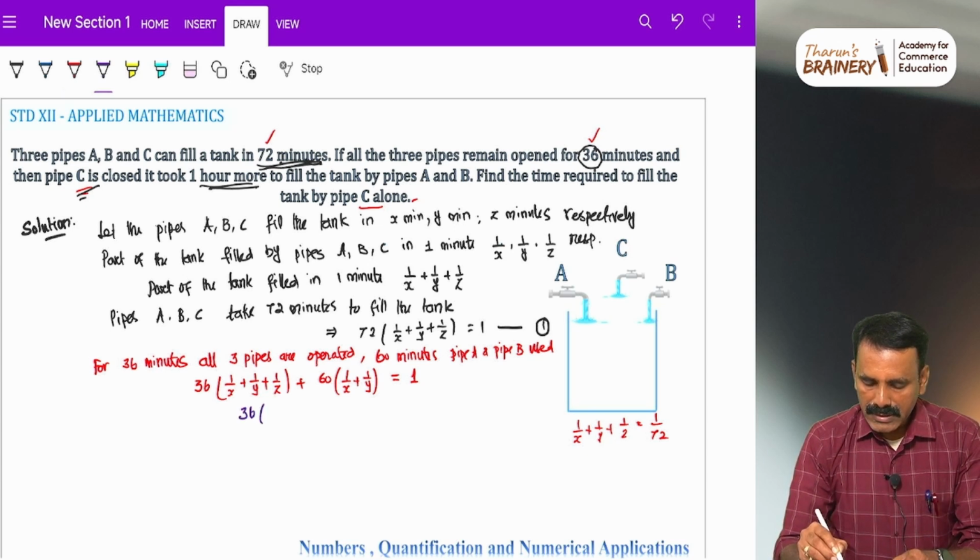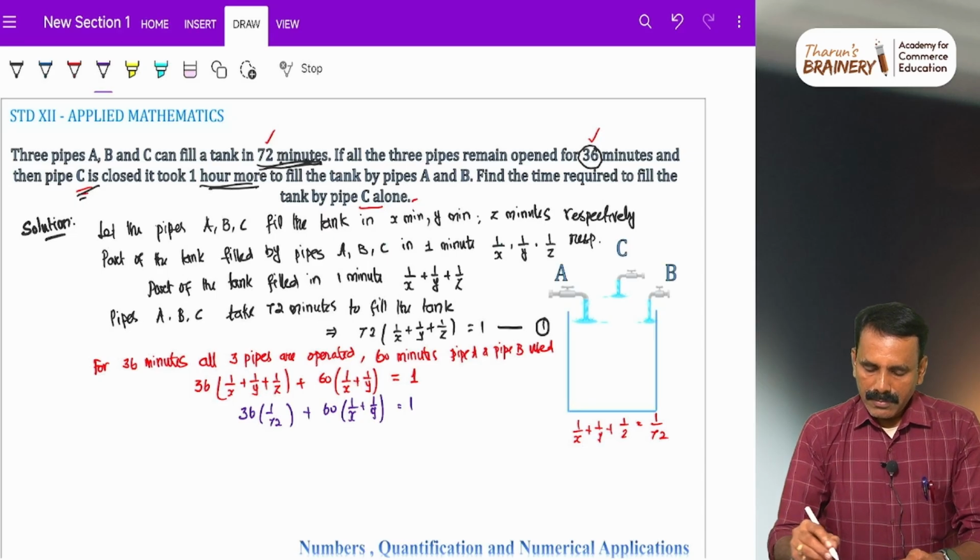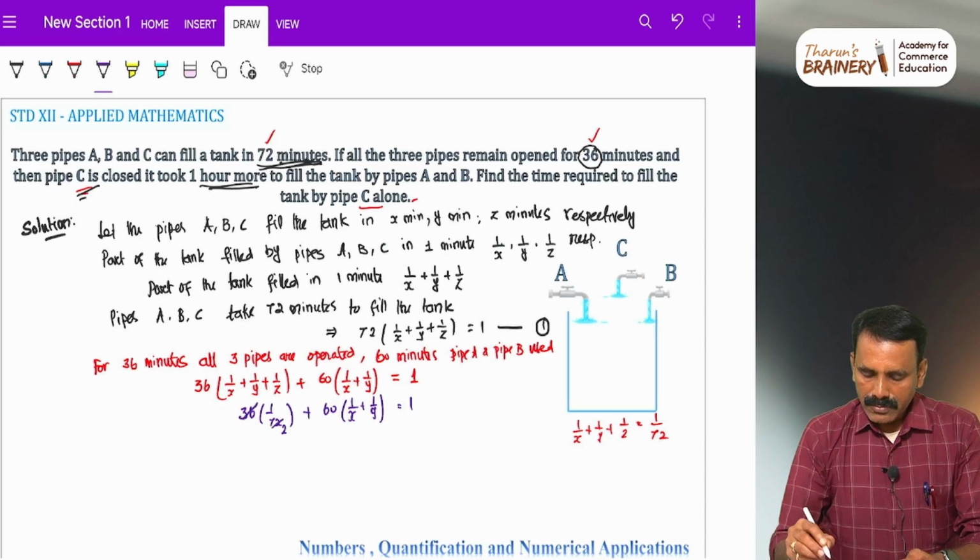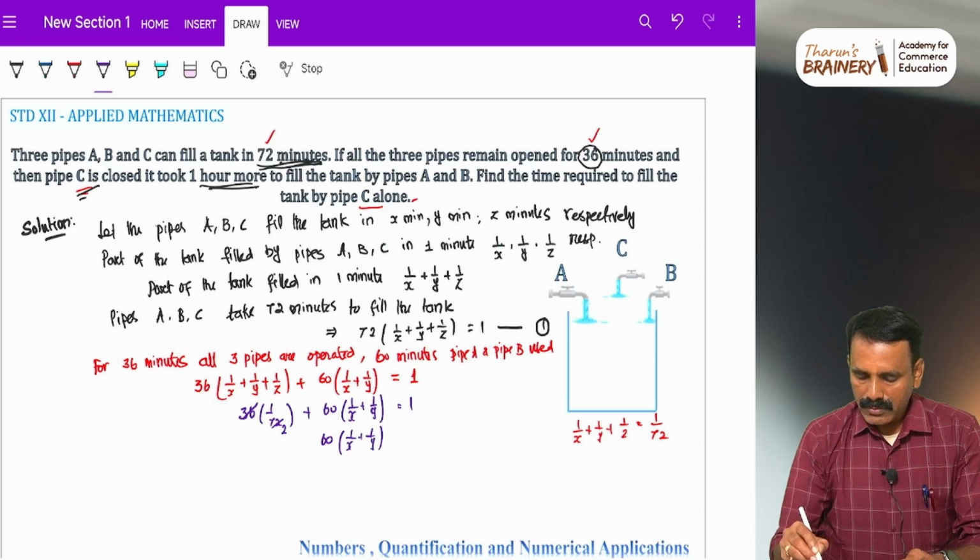So, 36 into 1 by 72 plus 60 into 1 by x plus 1 by y is equal to 1. So, we cancel this term. So, it is 2. So, 60 into 1 by x plus 1 by y is equal to 1 minus 1 by 2.